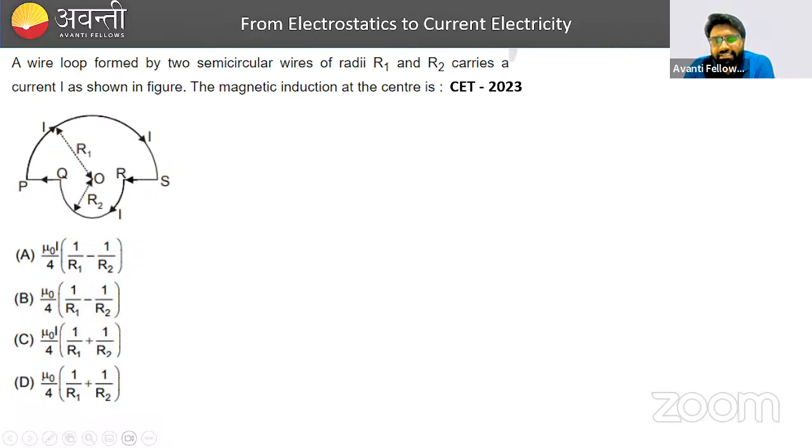So magnetic induction is nothing but the magnetic field. It is asking for the magnetic field at the center. So try to solve this question, and let me know the answer in the chat box. Which answer is correct? Option A, B, C, or D?